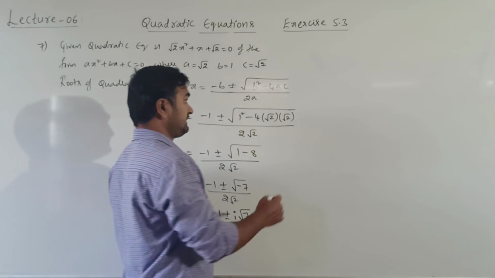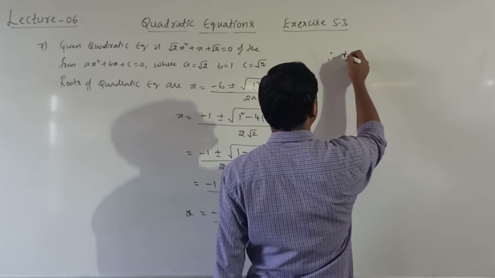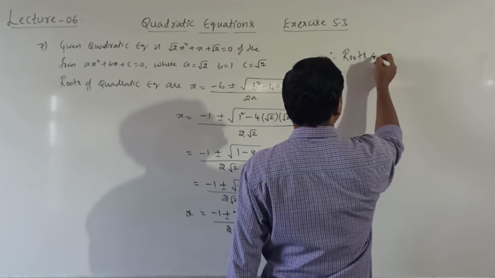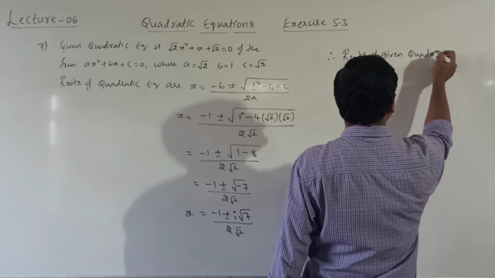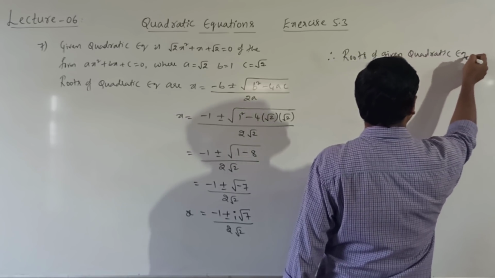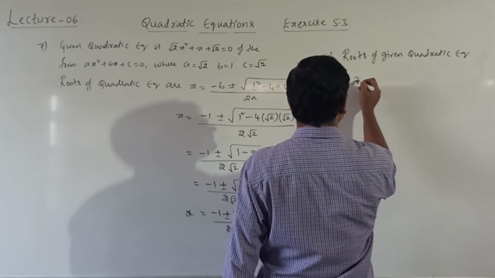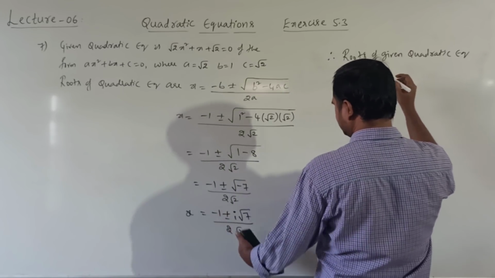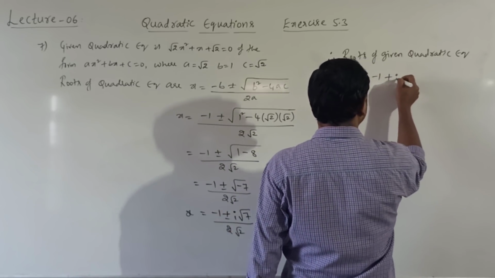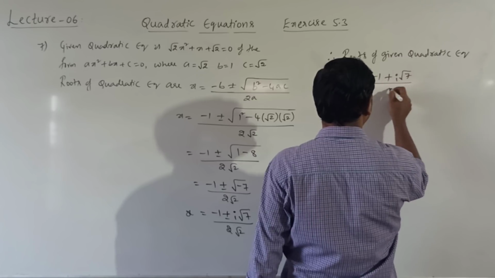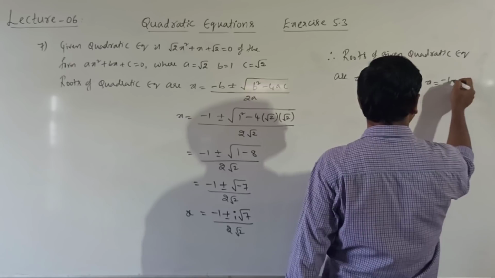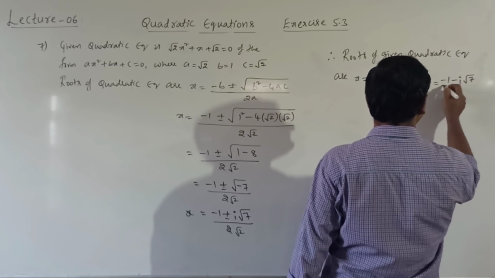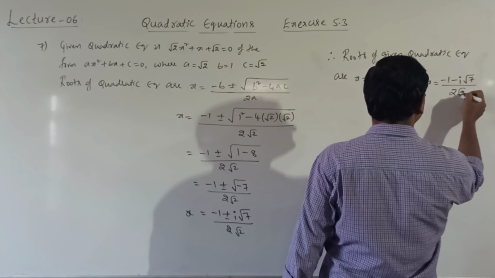So what are the roots you can write? Therefore, roots of given quadratic equation are x equal to, I take plus, minus 1 plus i root 7 divided by 2 root 2, and by taking minus, minus 1 minus i root 7 divided by 2 root 2.